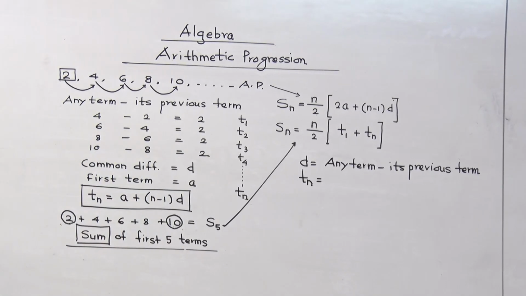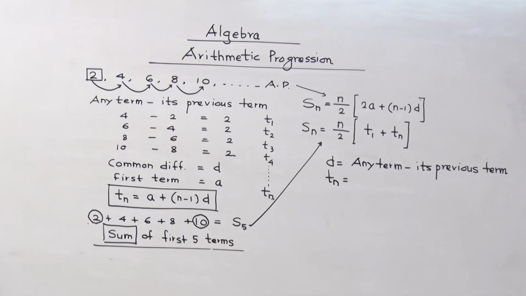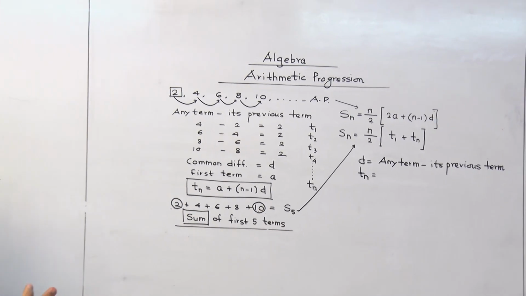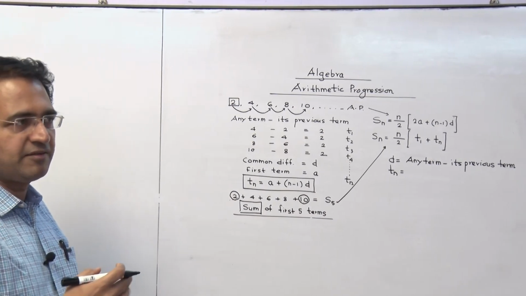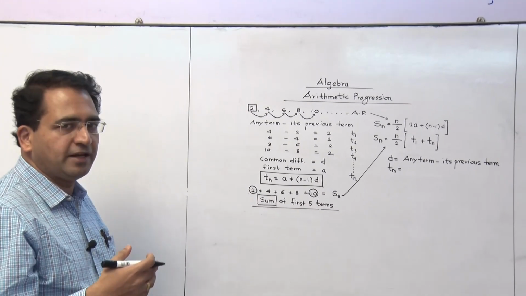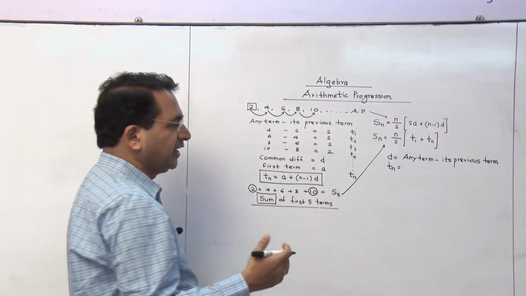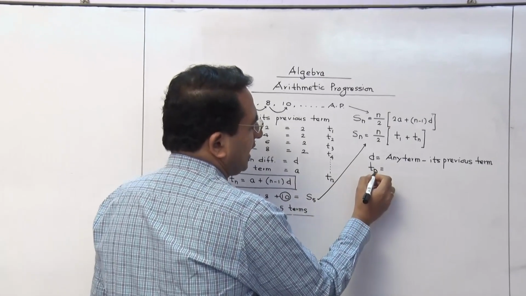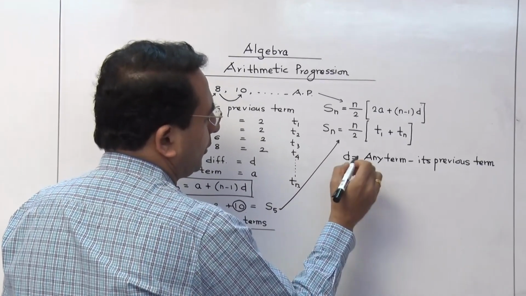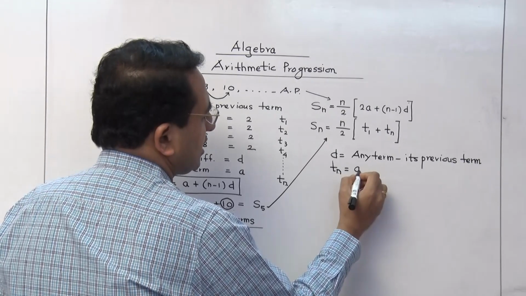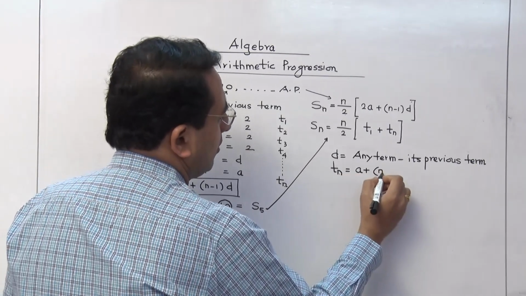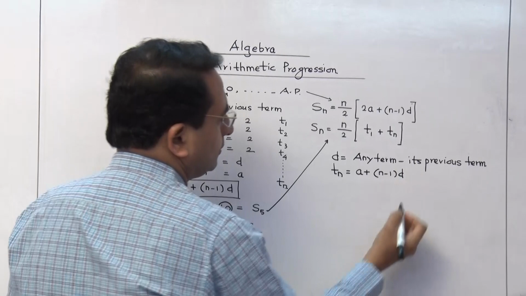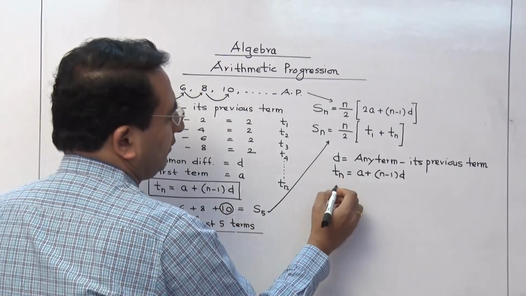Nth term, the meaning is 5th term, so the value of n is going to be 5. 7th term means the value of n is going to be 7. So Tn is for finding a particular term, that is a plus n minus 1 into d.